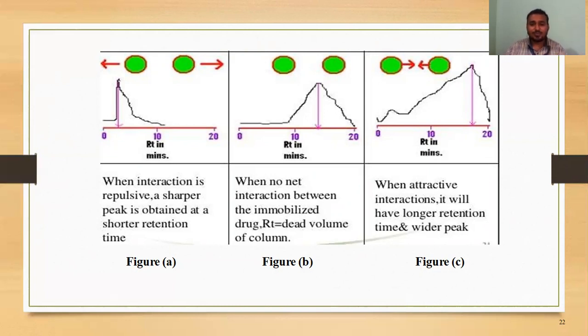Next, when there is no net interaction between the immobilized drug and the solution, the retention time equals the dead volume of the column. You can conclude this from the picture.